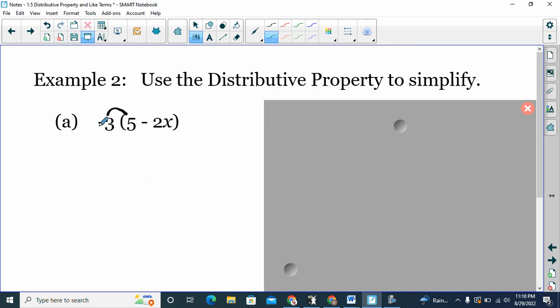Remember, positive times negative is negative. 3 times 5 is 15. And then we take negative 3 times negative 2x. Negative times negative is positive. 3 times 2x is 6x. Negative 15 plus 6x.